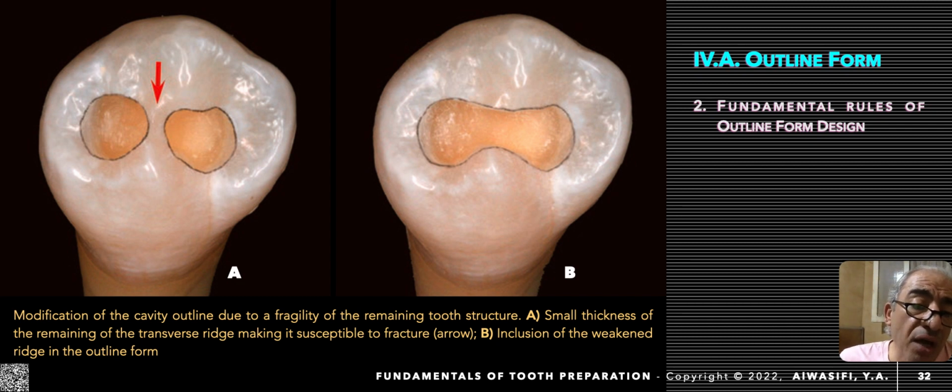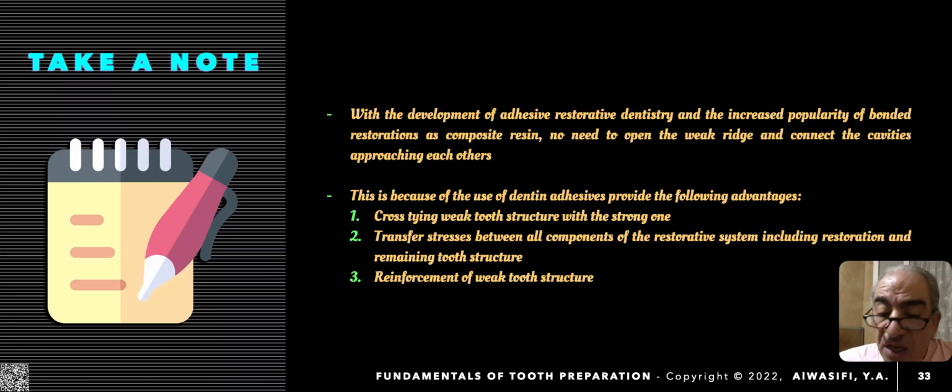And at the same time, when forces are applied to a weak structure via this adhesive, they will be transmitted to the strong one, and there will be a sharing manner between the weak and strong structures, components of the system, that allows reinforcing the weak tooth structure.